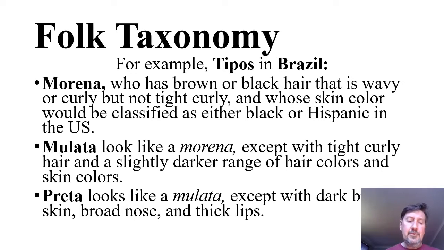To most Americans, the categories of mulata and preta would both be considered simply black. But in Brazil, there is a different folk taxonomy of race that further differentiates what in the United States would be a singular racial category.